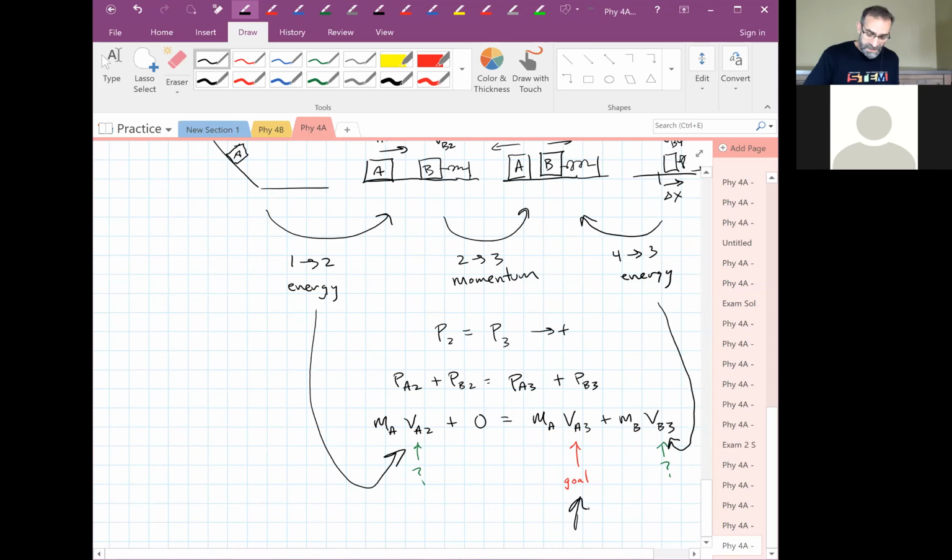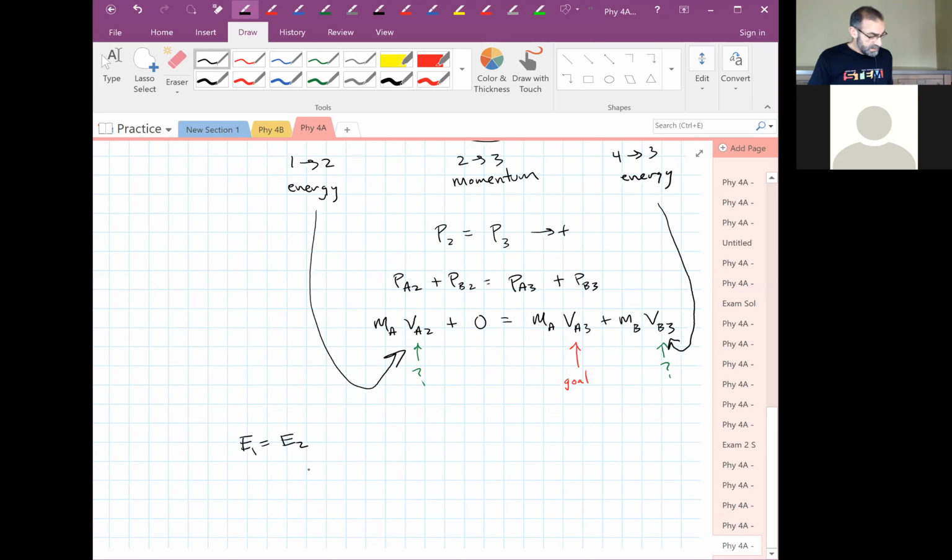The energy at 1 is going to equal the energy at 2 because we have frictionless surfaces. If we didn't have frictionless surfaces, then we would have to account for that in our energy equation. The mechanical energy at 1 equals the mechanical energy at 2. Initially, it's all gravitational potential, right? We just did that problem. And at the end, it's all kinetic energy.